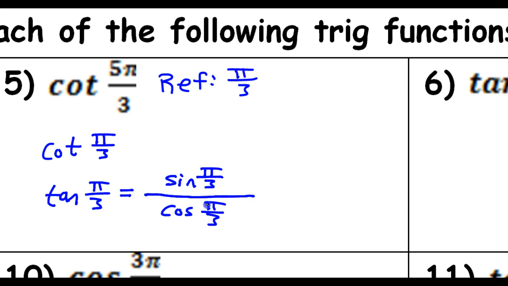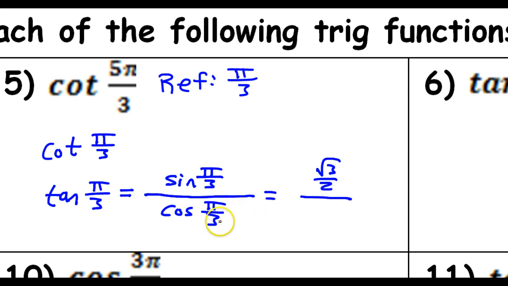Now we are ready to rock and roll with our 6 values that we wrote down, because these are 2 of those 6, aren't they? So sine of pi over 3 is going to be 1/2. False. It's going to be radical 3 over 2.